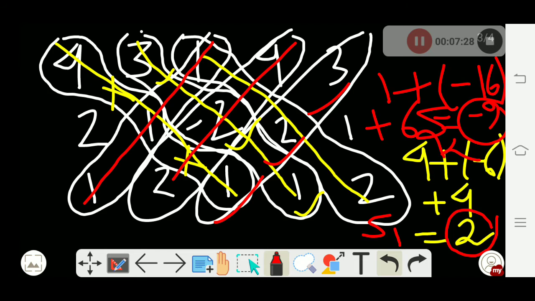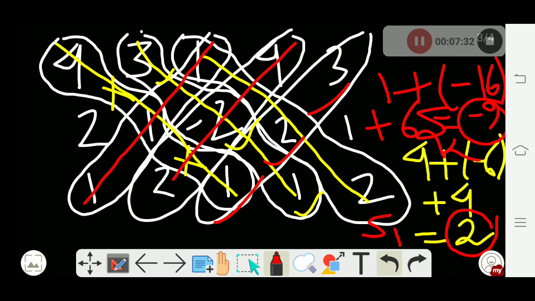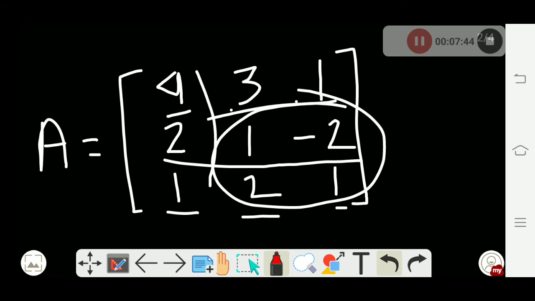This is the short trick you can apply in competitive exams, and it will take less than a minute, maximum, for finding the determinant.